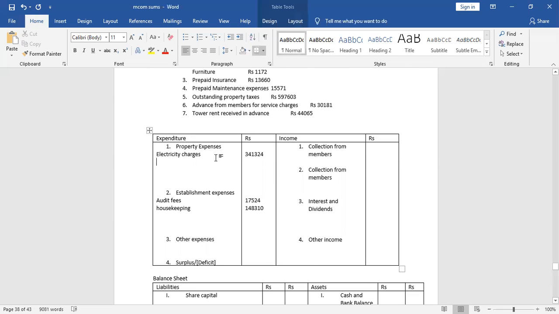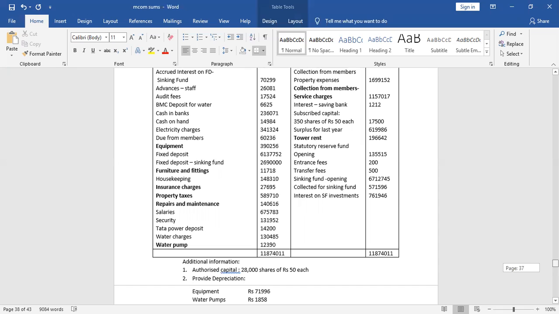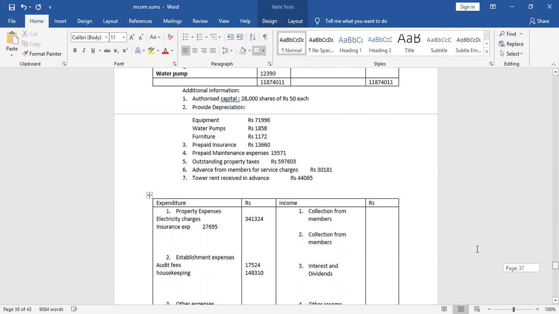After electricity, we will write insurance expenses. There is an adjustment. The amount is 27,695.